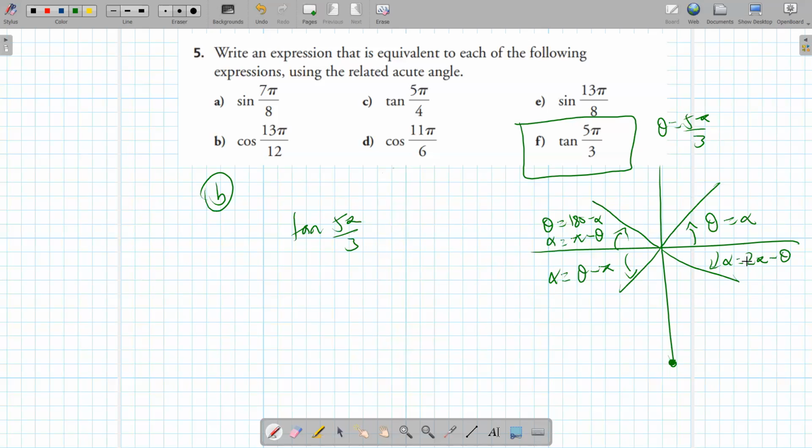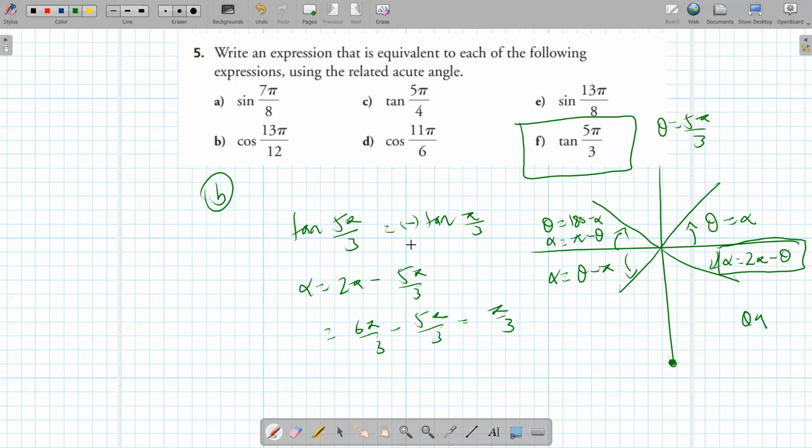So you want to use this one, right? It's in quadrant 4, so your related acute angle is going to be 2 pi minus 5 pi over 3, and 2 pi is 6 pi over 3 minus 5 pi over 3. So it's going to be pi over 3. So tan of 5 pi over 3 is the exact same thing as tan of pi over 3, except in quadrant 4, it's negative.